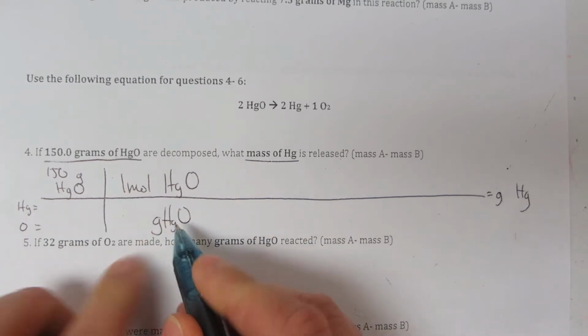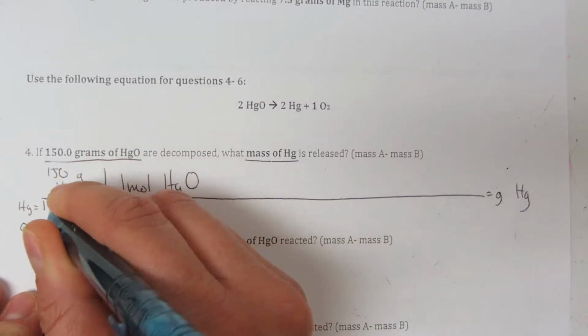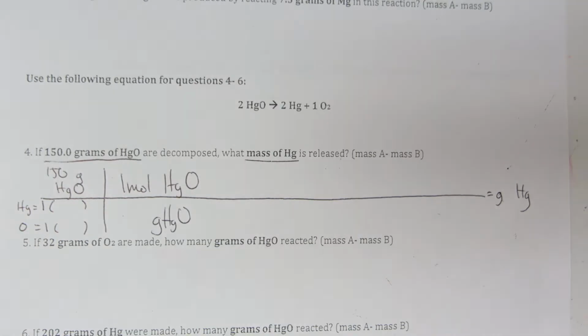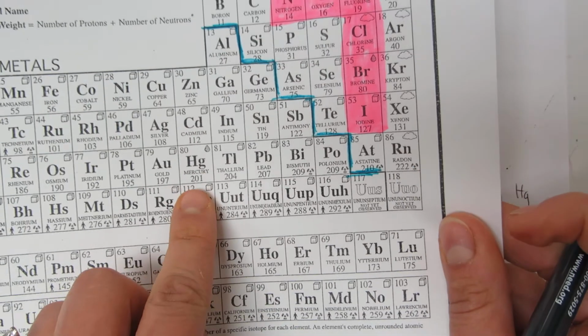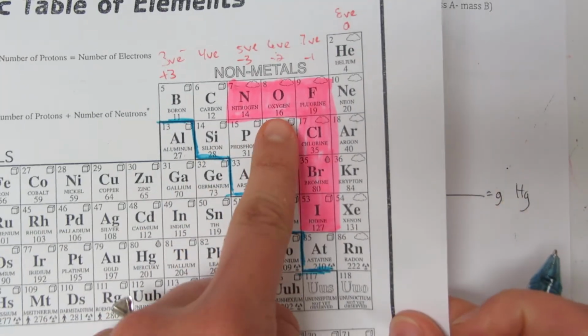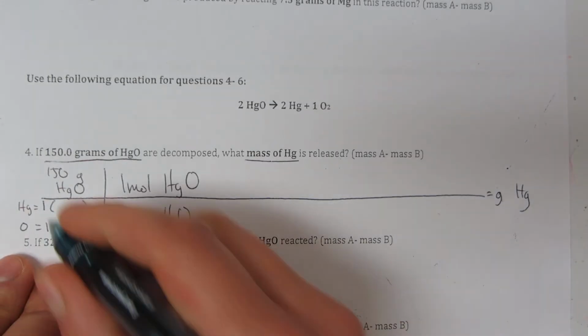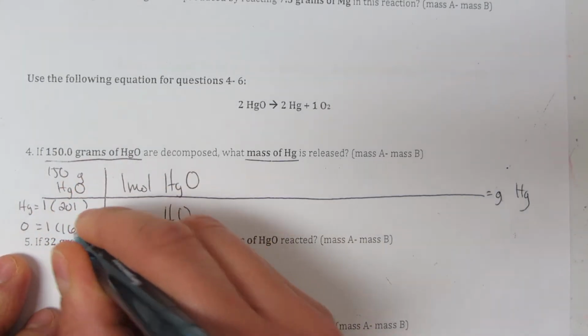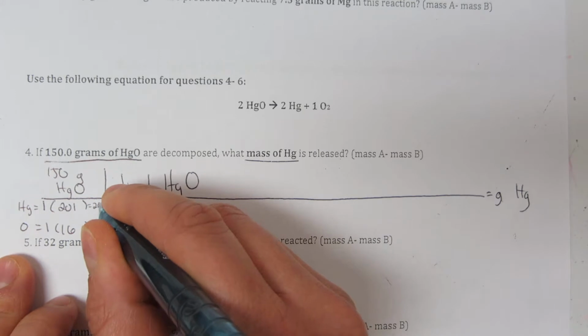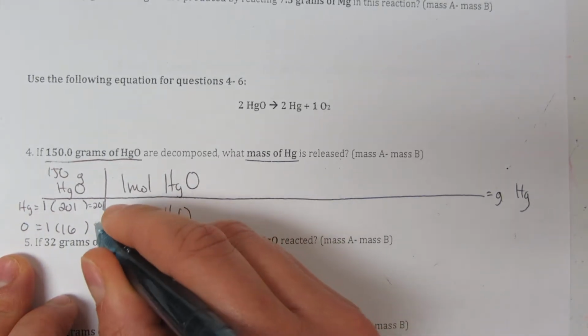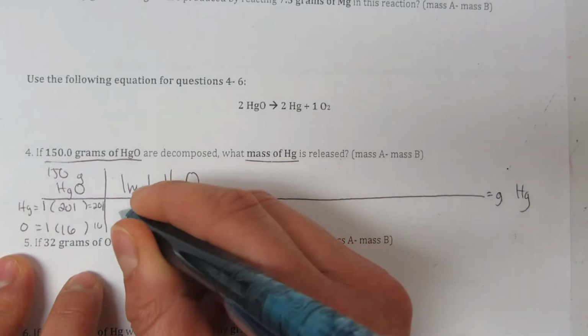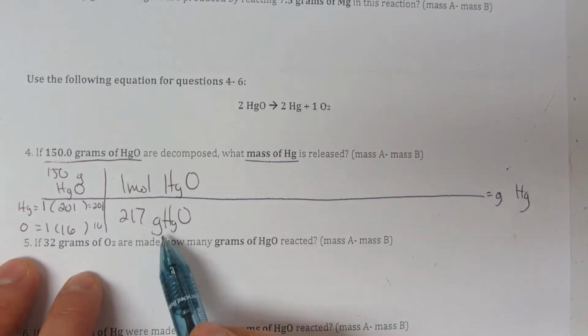We have 1 of each. And we're going to look up the masses on the periodic table. So mercury is 201 and oxygen is 16. So that's 201 plus 16, so that would be 217. And that number goes down there.